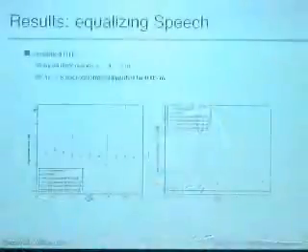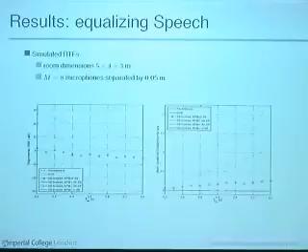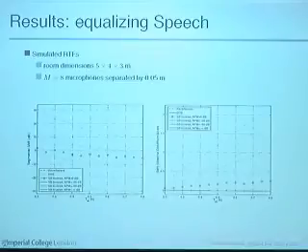And here you have several plots. So the bottom one is segmental signal to reverberant ratio versus various T60s. This is also using simulated room transfer functions with 8 microphones. So here at the bottom is the unprocessed reverberant signal. The first plot is just a delay and sum beamformer, what that would do.